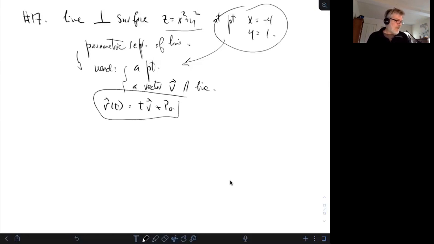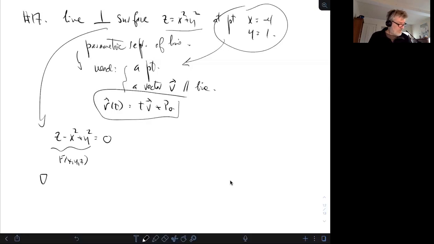Okay. And for the vector, well, we know that the gradient is perpendicular to the level surfaces. So express your surface as a level surface. z minus x squared plus y squared equals 0. This is f of x, y, z.